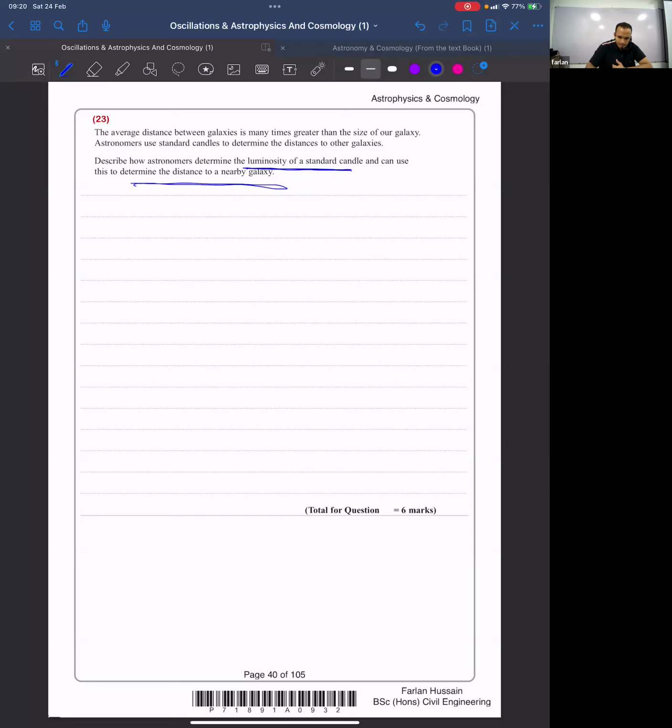By using stellar parallax, the distance to a nearby star or nearby standard candle can be calculated.